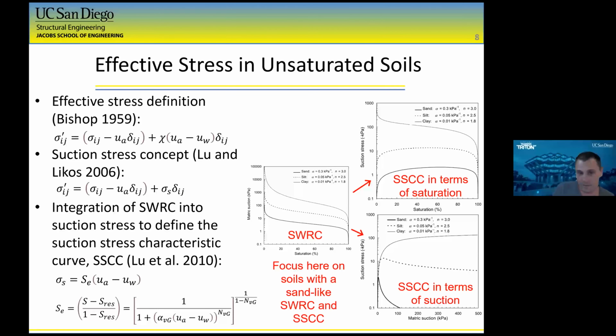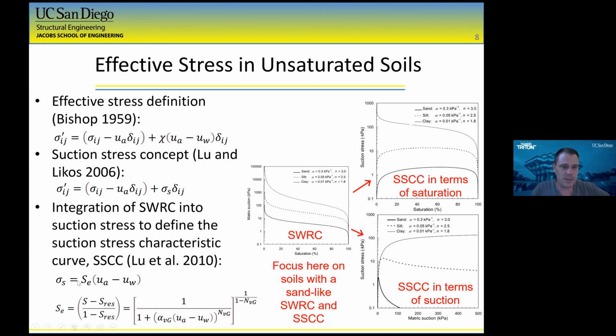The soil retention curve is important because it's linked with the effective stress in soils. The concept of effective stress was proposed back in the 1950s by Bishop, but in the last decade and a half, Ning Liu has done a lot of work to try to simplify this approach by coming up with a suction stress concept.